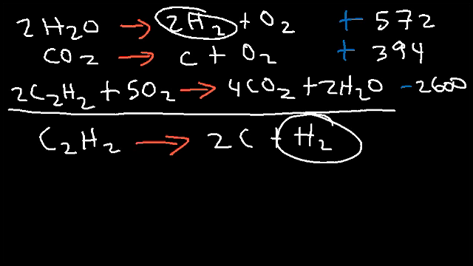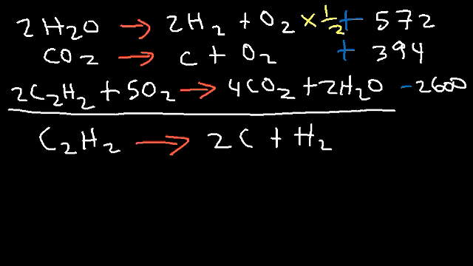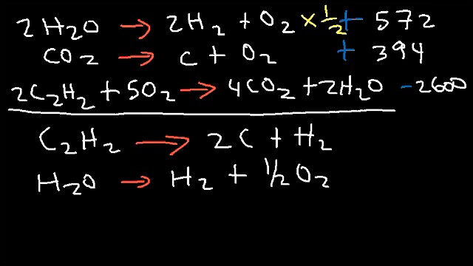So it's already in the appropriate side, but we need to divide the first reaction by 2 because we only need 1 hydrogen molecule, not 2. So let's multiply the first equation by 1/2. So it's going to be H2O, which turns into H2 and 1/2 O2. So half of 572, or 572 divided by 2, that's going to be positive 286.